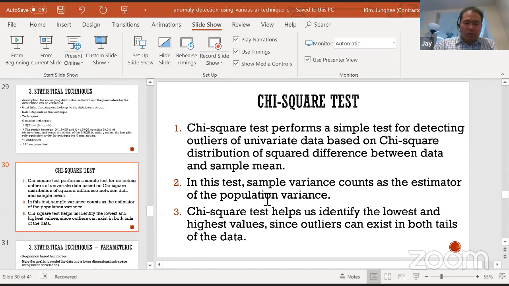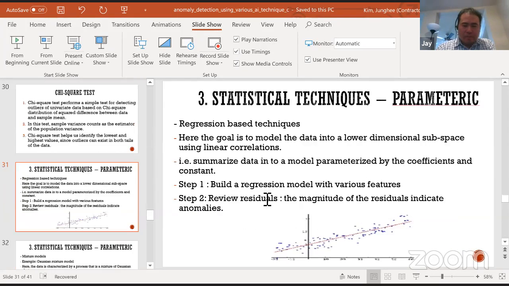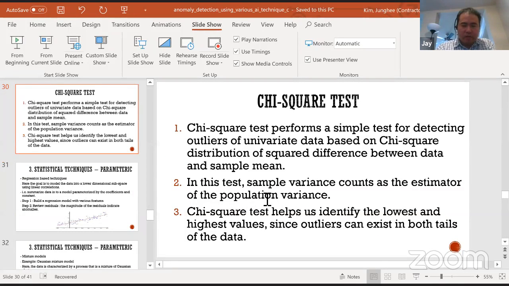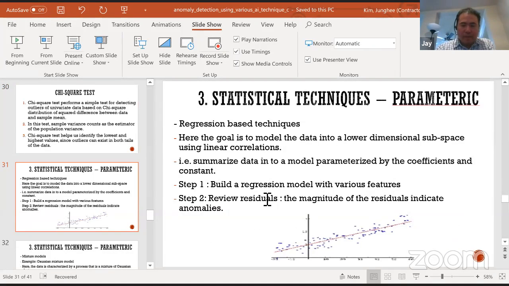So we know which is more significant or not. If it's not significant, it's among the main values. Also, variance count and population variance can be used. And I explained that a little bit earlier.